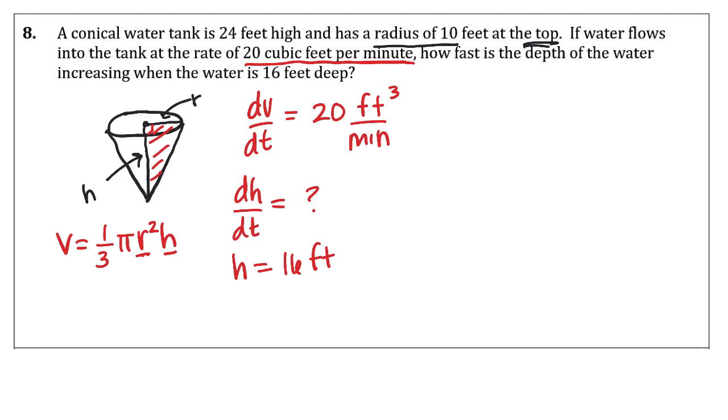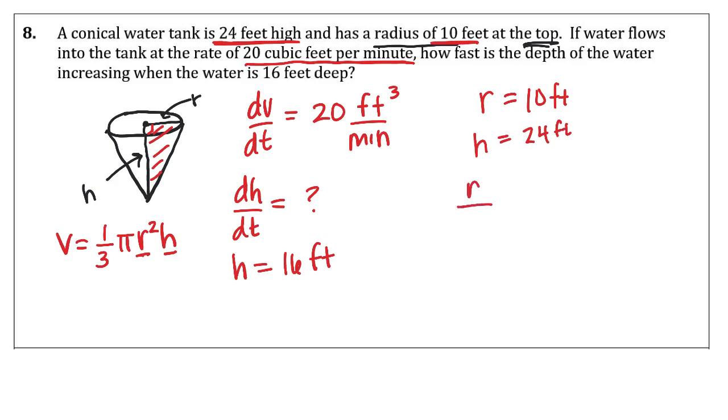So we probably can set up some kind of relationship, because we're told that the entire cone, the height is 24 feet high with a radius of 10. So all the way at the top, we know that the radius is going to be 10 feet and the height is 24 feet.